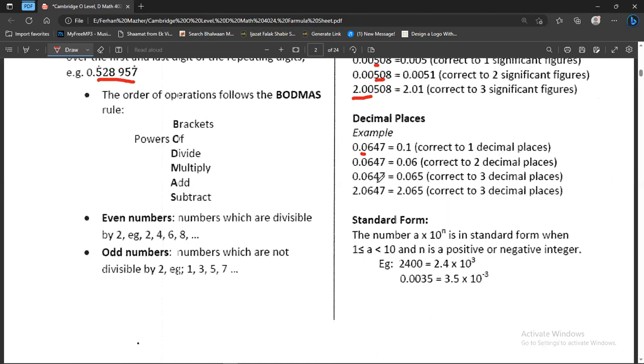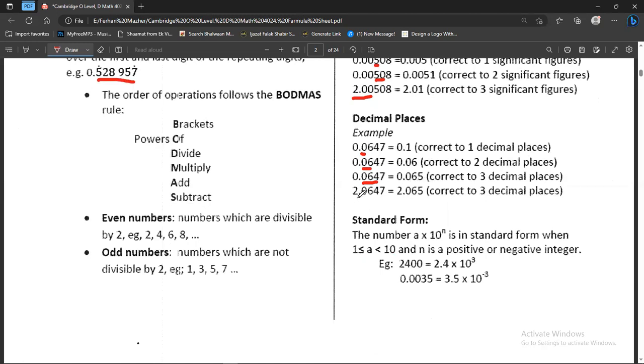So this is correct to 1 decimal place. Same number, if you want to write it correct to 2 decimal places, these are these 2 digits here. This is the second decimal place. So it will be 0.06, because after this was 4. And if you want 3 decimal places, after this is a 7, so this will become 5, 0.065.